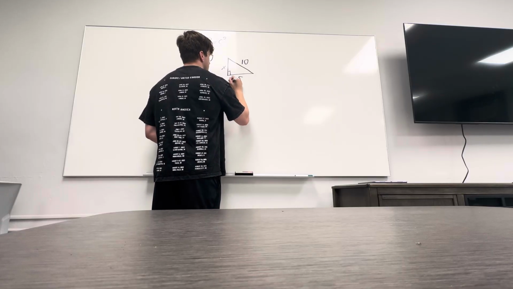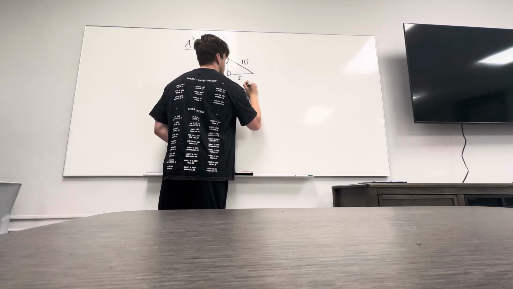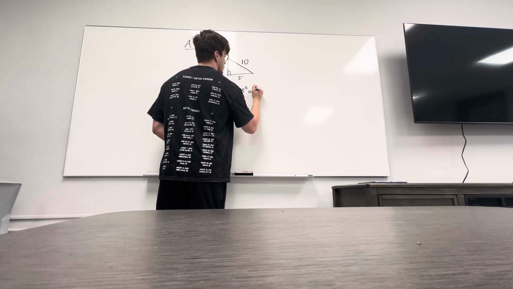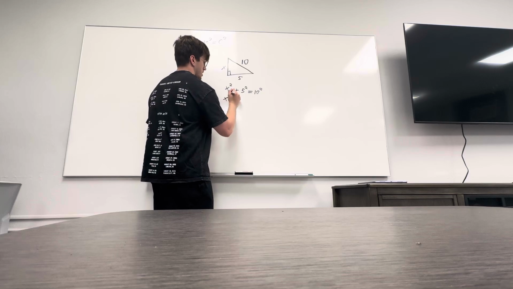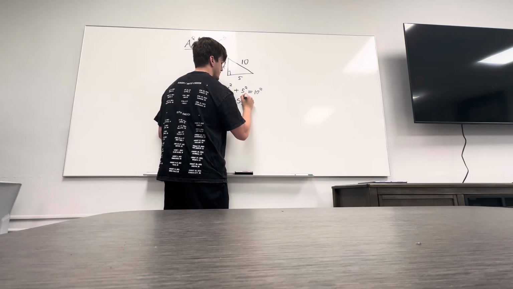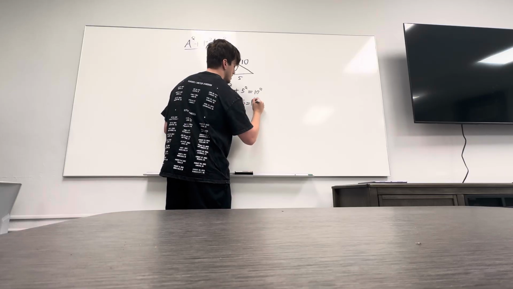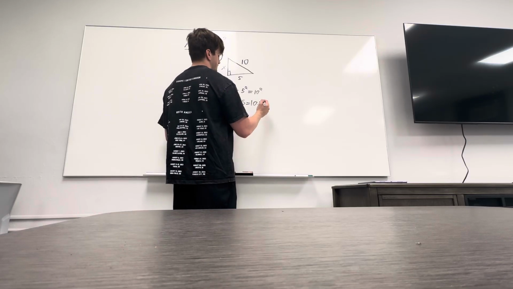So you get x squared plus 5 squared equals 10 squared. So doing the work, x squared plus 5 times 5 equals 10 times 10. Okay?